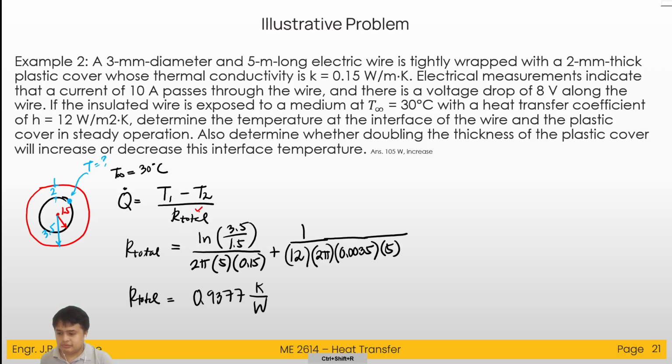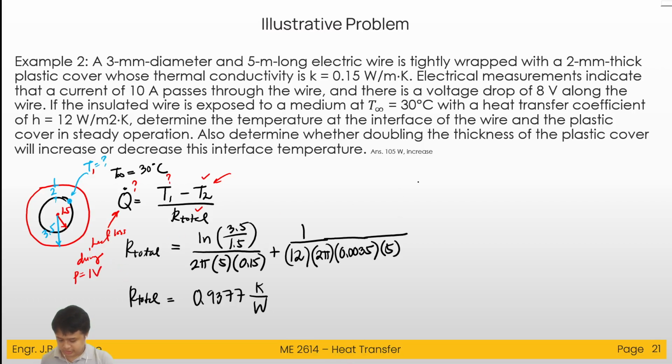So now we have this given. The T2 is actually your T infinity. We don't know the T1, and we don't know the Q, but we are assuming that the Q here is also the heat loss, which is equal to the power, IV.